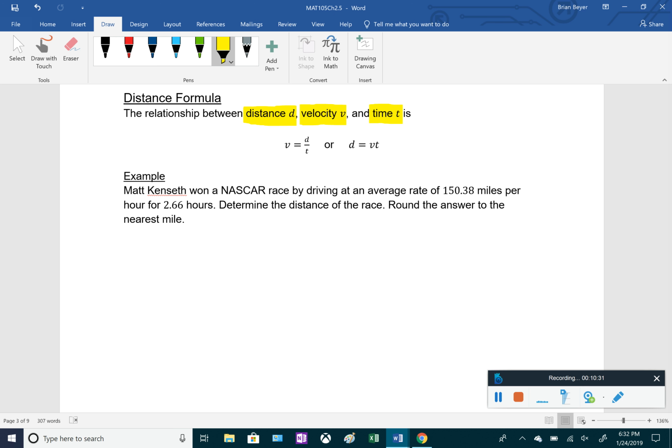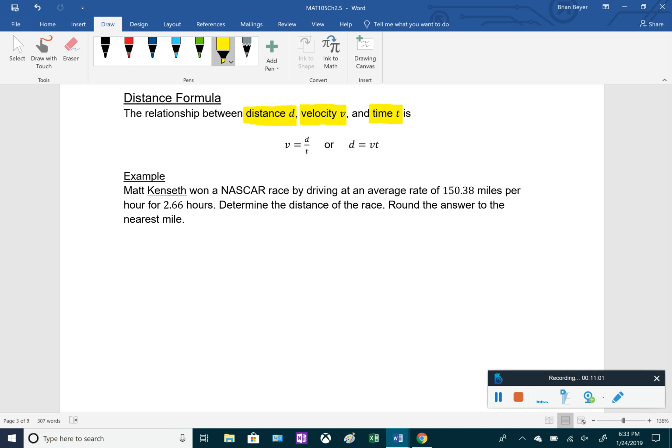So we probably already knew this, even if we didn't know the formula. If you think about our speed limits, for example, speed is in miles per hour for our speed limit signs. Miles is a unit of distance. Hour is a unit of time. So that's miles per hour. That's distance per time, or distance divided by time.